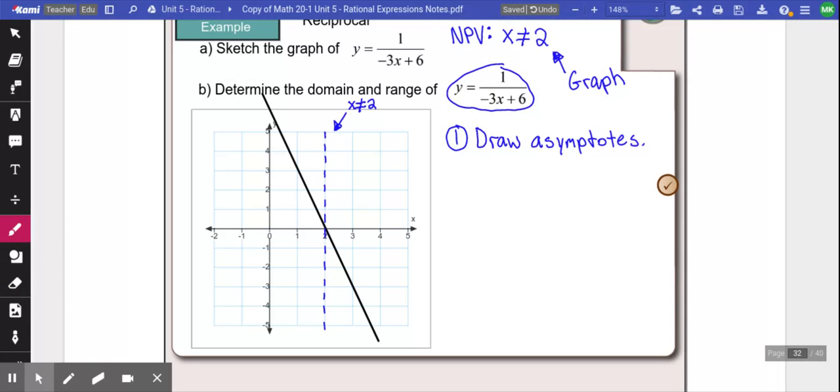Asymptotes are lines that you can't cross. They're these dotted lines because my graph can never equal 2, right? That's a non-permissible value. So I need to draw an asymptote to represent that, to say, okay, my graph can never touch this dotted line. So the first spot you always look for asymptotes is your NPVs.